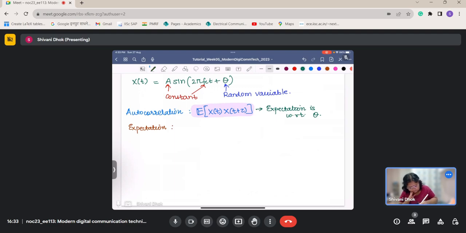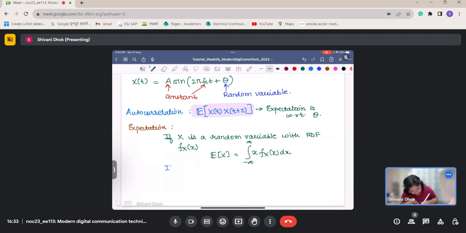If x is a random variable with PDF fx of x, then expectation of x is the integral from minus infinity to infinity of x fx of x dx.